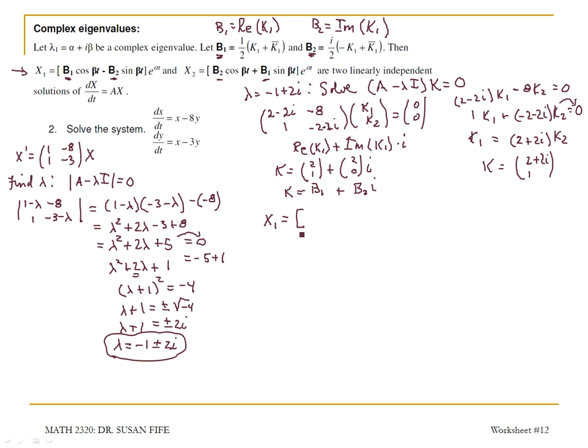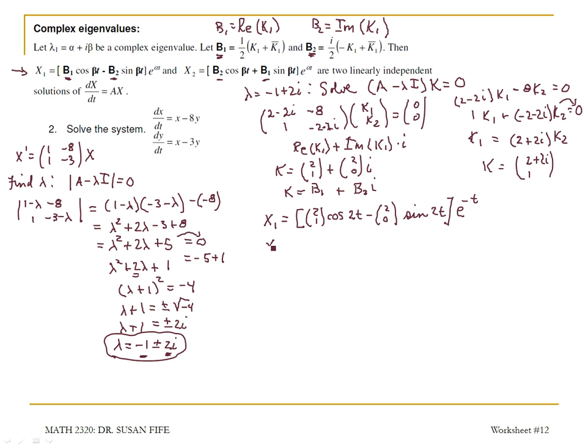So I have B1 is the vector 2, 1 cosine beta t, and beta is the imaginary part of our eigenvalue, which is 2. Cosine 2t minus B2, which is the vector 2, 0, sine beta t, multiplied by e to the alpha t. Alpha is negative 1. So I get multiplied by e to the negative t.